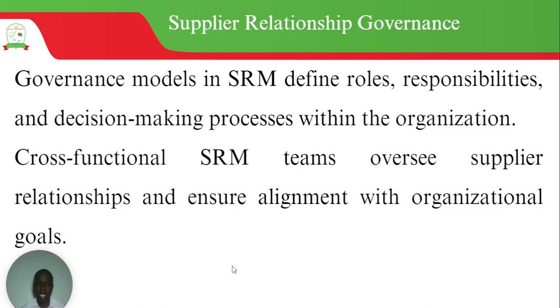And these cross-functional teams will also ensure alignment with organizational goals. And it is important to note that, work on it, improve these relationships, and ensure that there is alignment with what the organization targets to achieve.